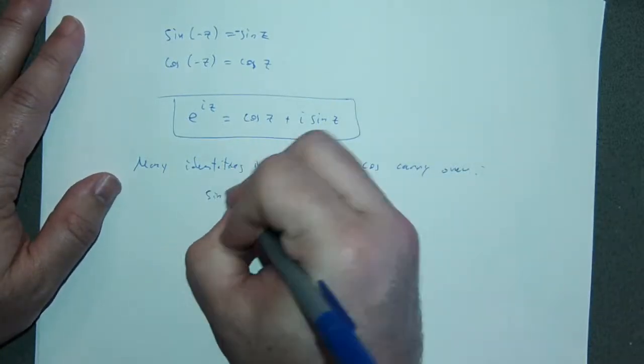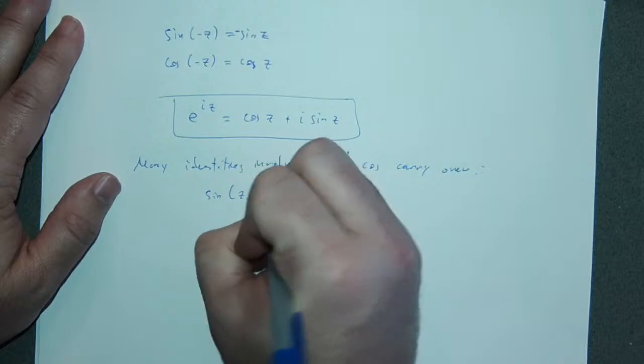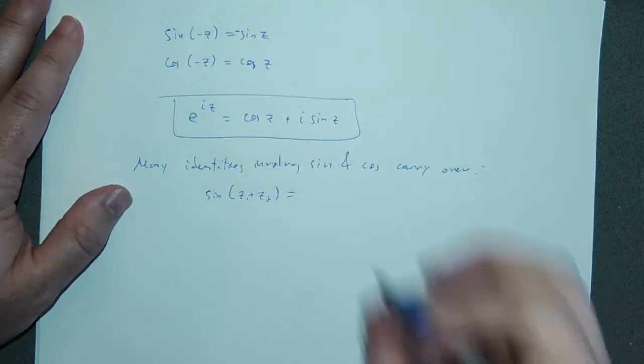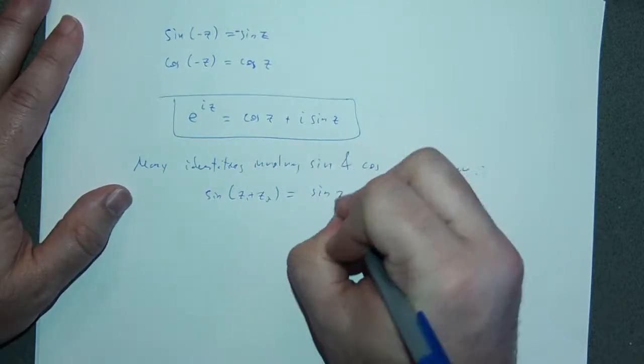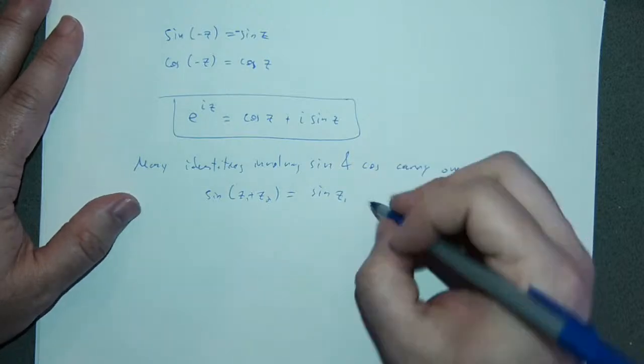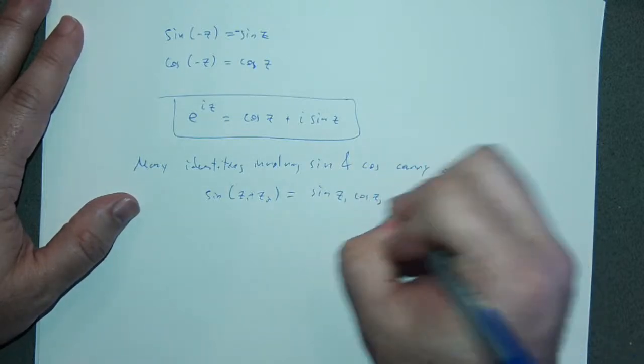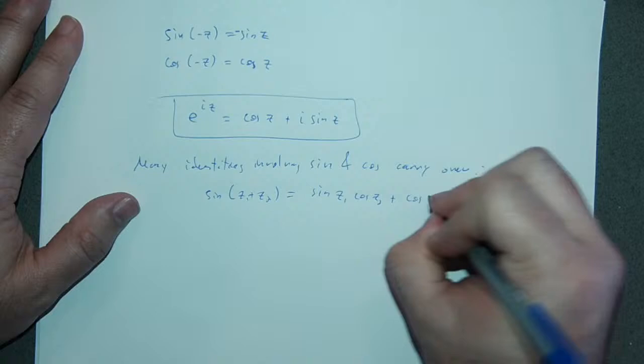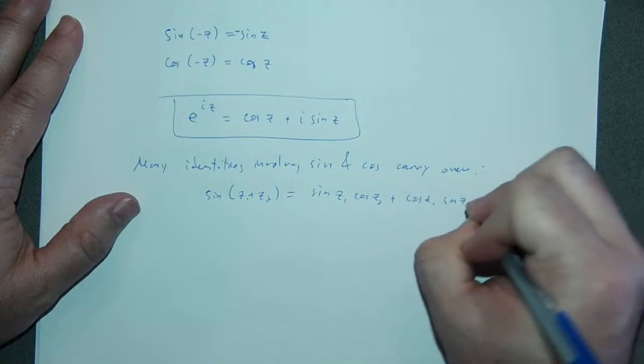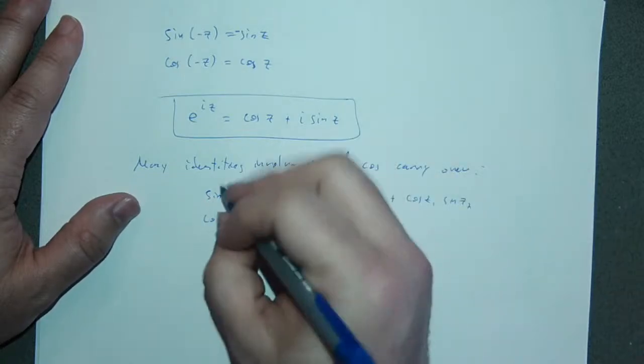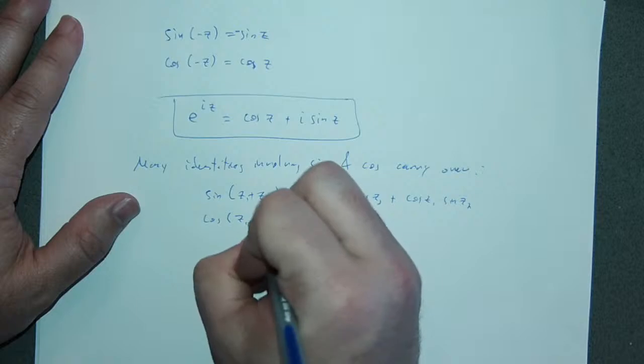So like sine of, say, z1 plus z2 is given by the familiar angle sum formula. This is sine z1 cosine z2 plus cosine z1 sine z2. Cosine angle sum is a little different.